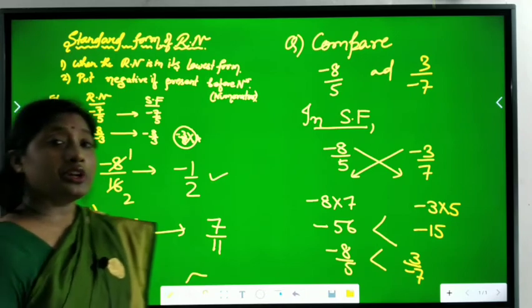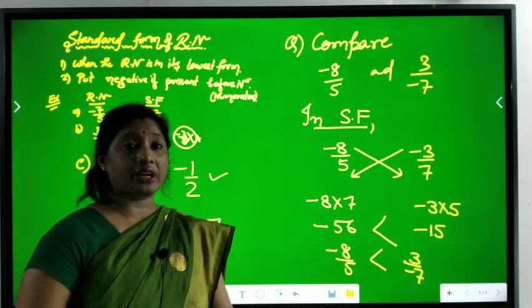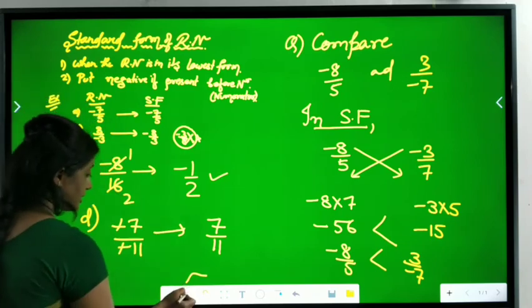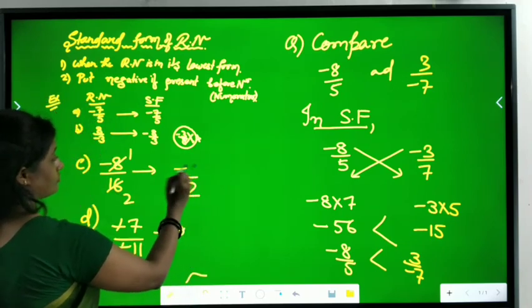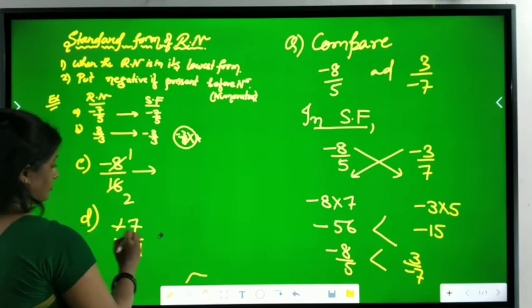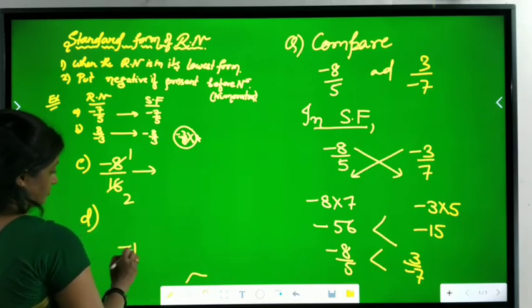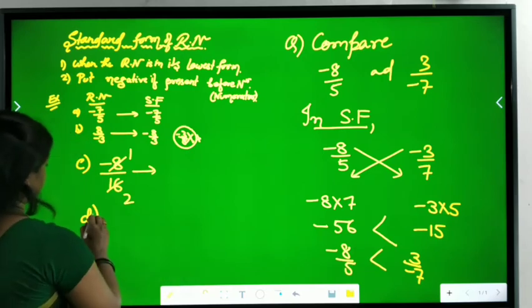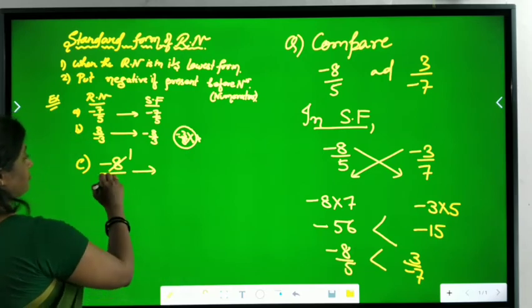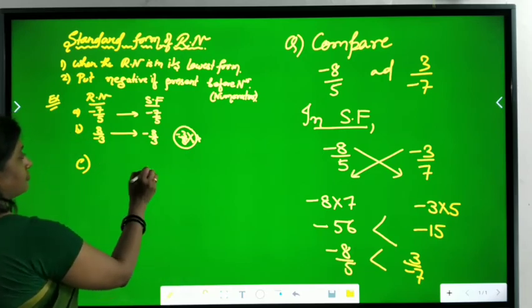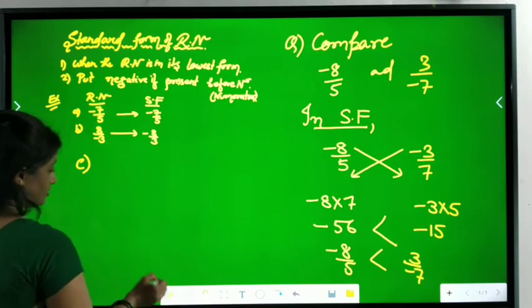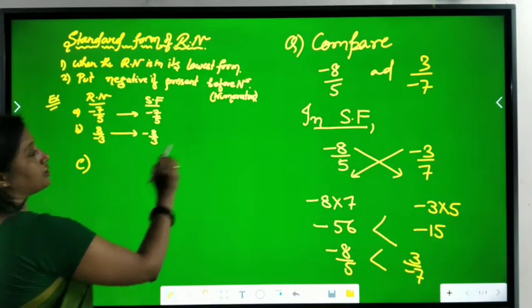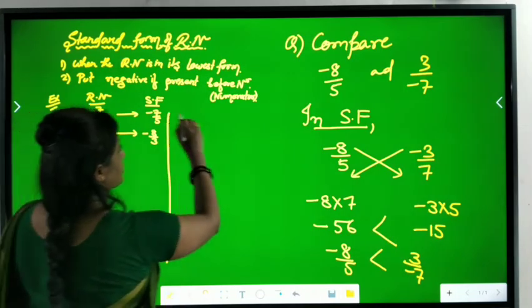Now see, if you do not change into standard form, then what will happen? Just look here.